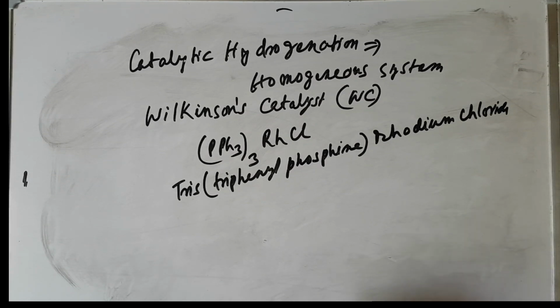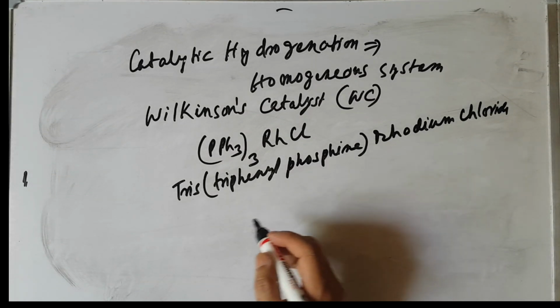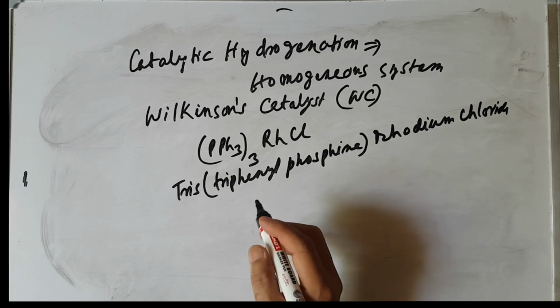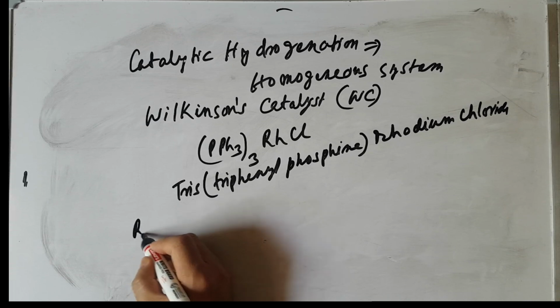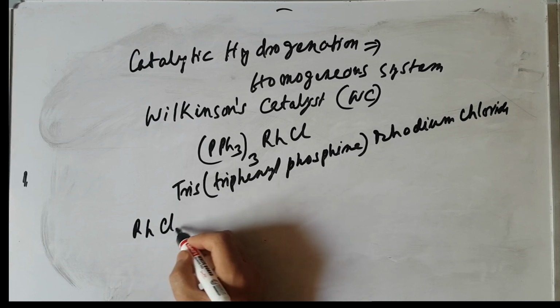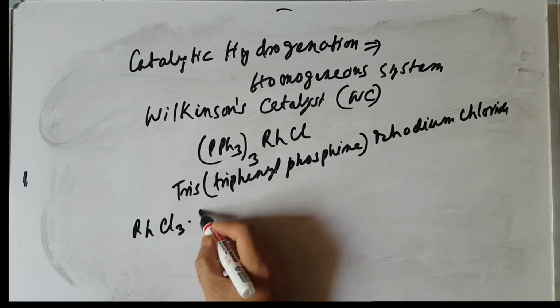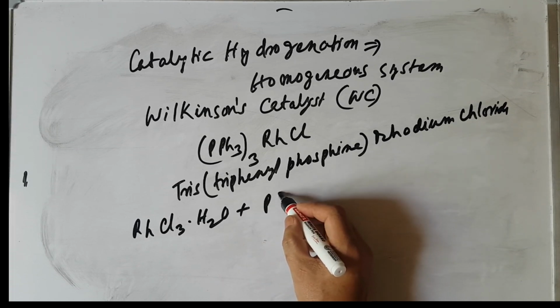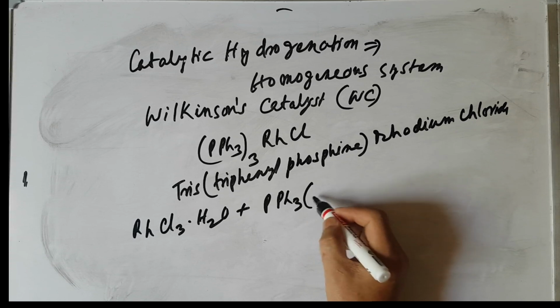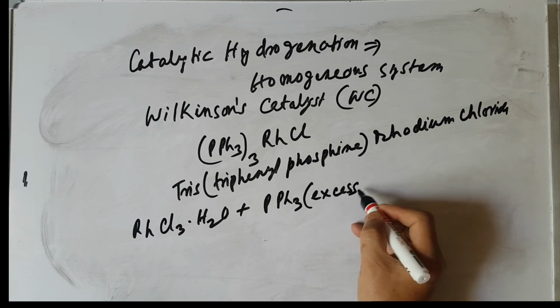Wilkinson catalyst is generally available commercially, but it can be prepared by reacting rhodium chloride, hydrated with water, in the presence of excess triphenylphosphine.